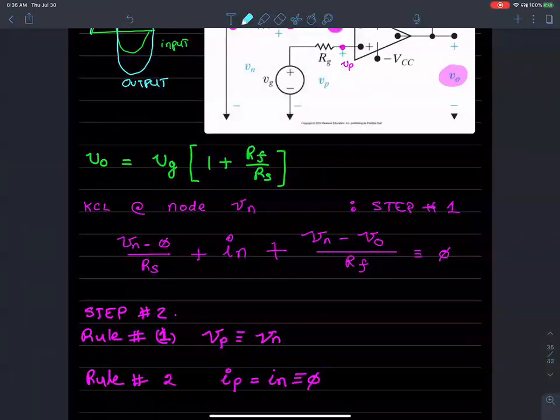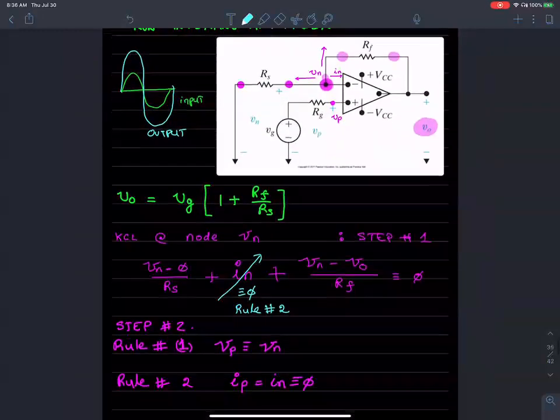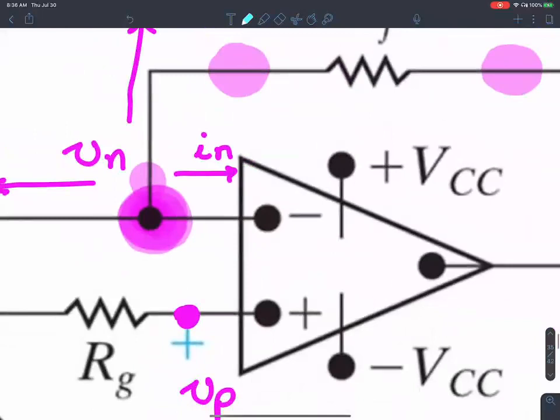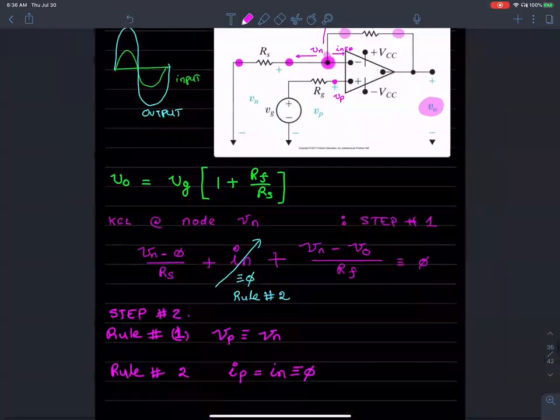So In is 0 because of rule number 2. Rule number 2 says the current going into the OpAmp terminal is 0. So this In is really 0. Does that make sense?